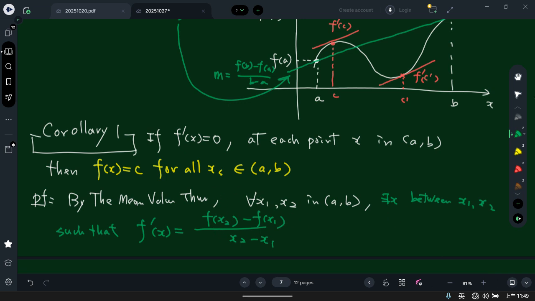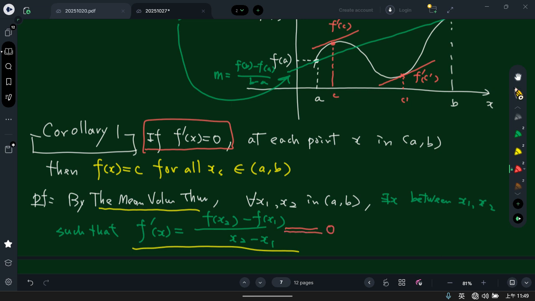Okay, so based on the mean value theorem, we know that we can have this one. But don't forget, f prime x is equal to 0, so that means this is equal to 0. This is provided by the statement here, f prime x is equal to 0.